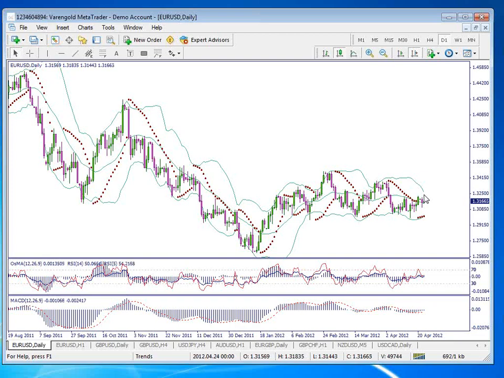If those operations don't have success, if the investors don't think that European countries will support the new debts, probably the euro will go in the down direction.